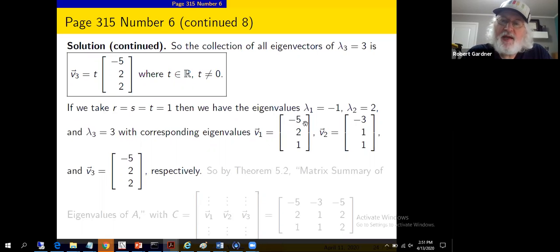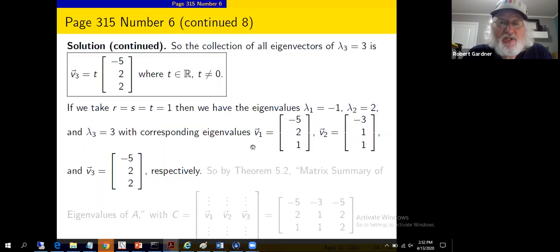That'll give us eigenvectors of -5, 2, 1, -3, 1, 1, as mentioned earlier, and -5, 2, 2, and it'll always be what we've got sitting right here if you choose that free variable to be 1. It depends how you set things up. Maybe you don't want to use free variable equals 1. I say you don't have to, but you definitely want integers in those eigenvectors.